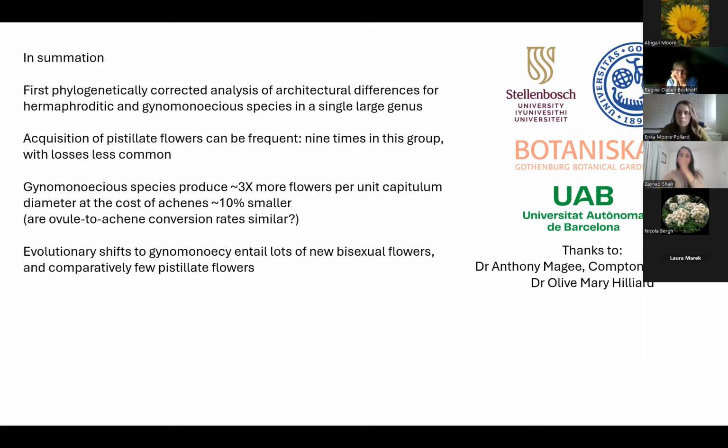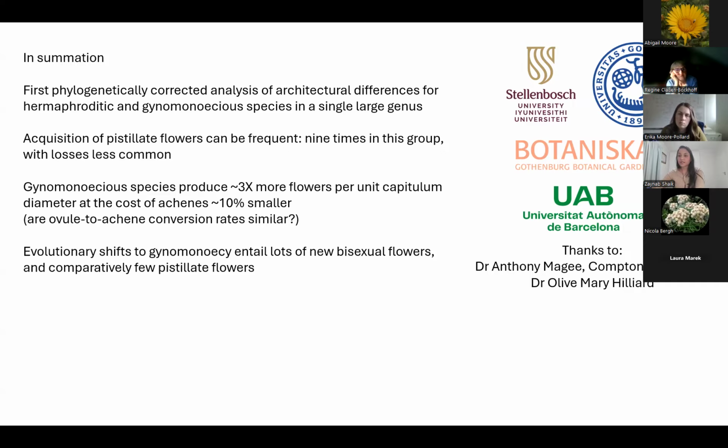And then finally, we see that evolutionary shifts to gynomonoecy entail the addition of lots of new bisexual flowers and comparatively few pistillate flowers. And this is contrary, again, to theories around how gynomonoecy evolves according to Darwin. Darwin actually discusses this in The Origin of Species. Bauer and Beach again discussed this in 1981.